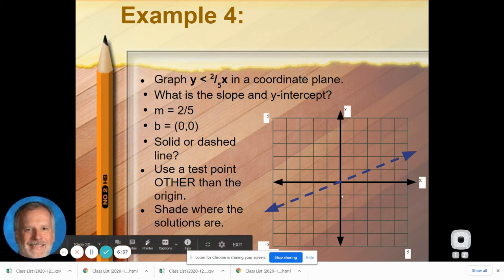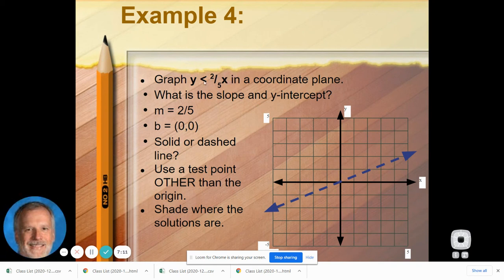I said that backwards the first time, I apologize. So either this point, 0, -1, or this point, 0, +1. I think I'm going to use the 0, +1 point. If I do that, then 1 goes here, and 0 would go here. Okay, remember, this point is 0, +1.